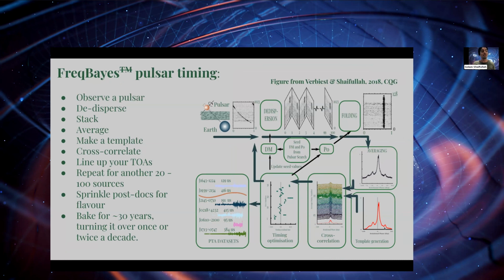Compare that to a standard template using Fourier domain techniques, and you do that for a whole bunch of pulses observed over many different times. Then you try to measure the timing residuals, which, as I just mentioned, is what leads to the production of these very long PTA data sets.